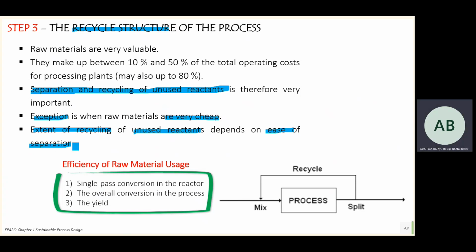Let's say your unused reactant is ethylene. After the reactor, in the product stream you have excess ethylene plus your product. Consider first whether it is easy to separate ethylene and your product. If it is easy to separate, then consider recycling. If it is difficult to separate, then try not to proceed.